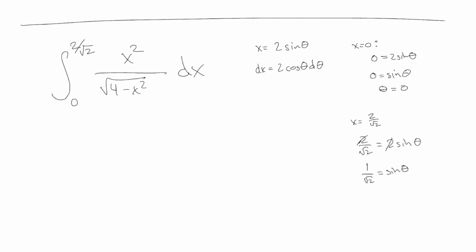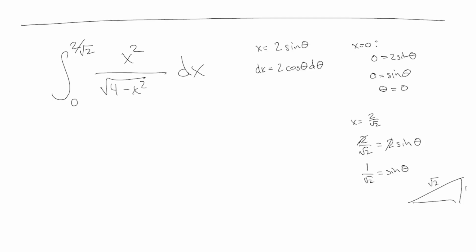Maybe you have all your values around the unit circle memorized and you just know which angle has sine equal to 1 over root 2. I don't have those memorized in that way. I think of a triangle where the opposite side is 1 and the hypotenuse is root 2, and I recognize this as the 45-degree triangle.